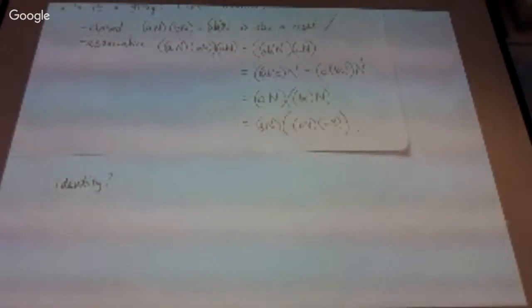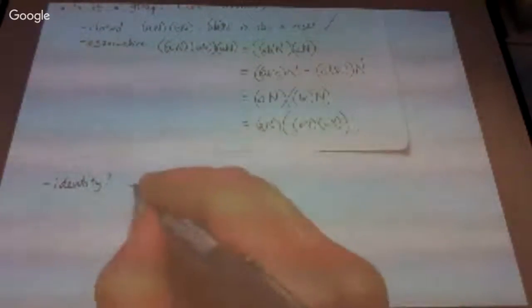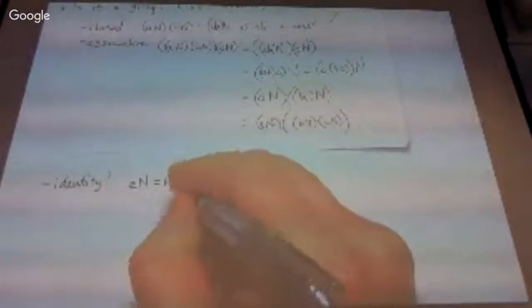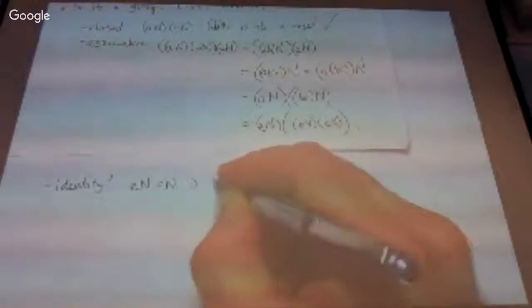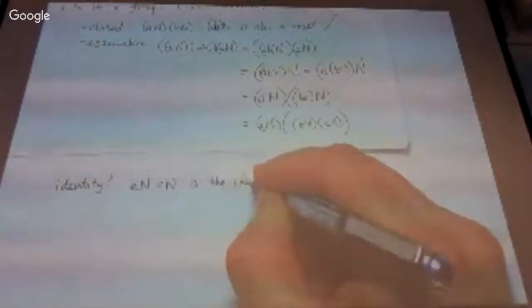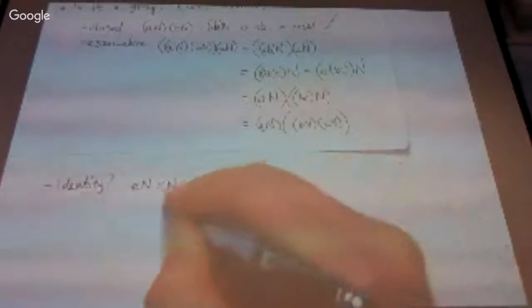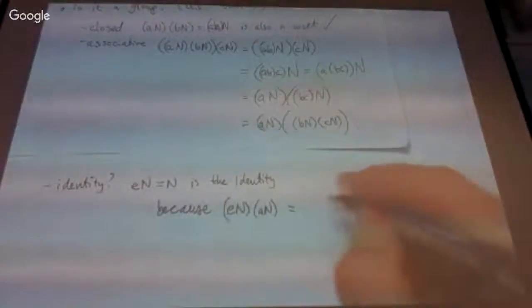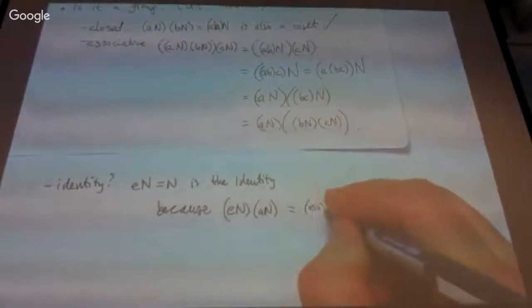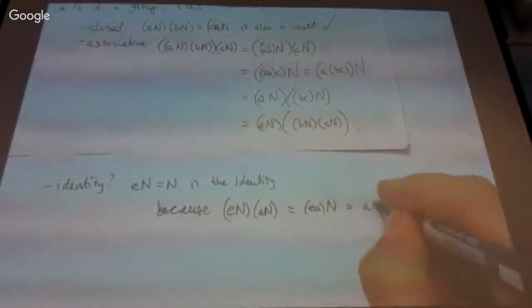A natural choice, of course, is the coset of the identity, which is the subgroup N itself. Why is it the identity? Because if you take EN times AN, by definition you get the coset of EA, which of course is AN.